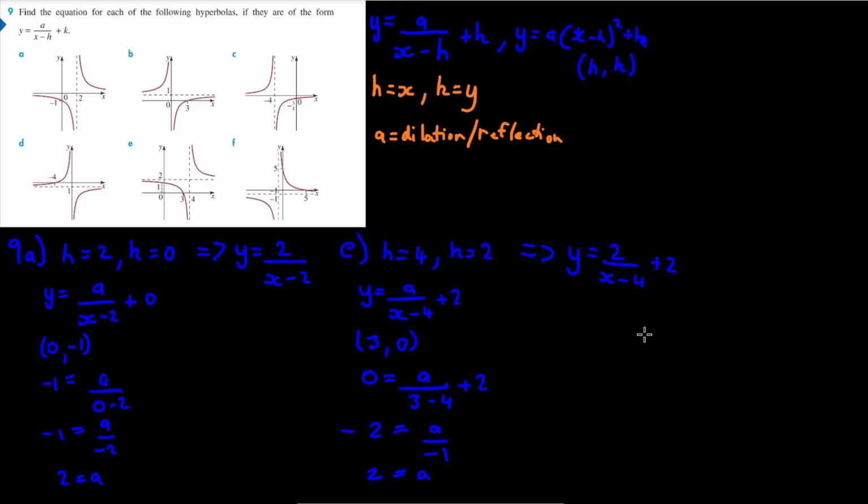So we can see the general form of a hyperbola, y equals a over x minus h plus k. h and k just represent the x and y asymptotes. a can be a dilation or reflection, depending on the value of it. Reflection if it's a negative value. How did we solve these? Well, we had 3 pieces of information really.